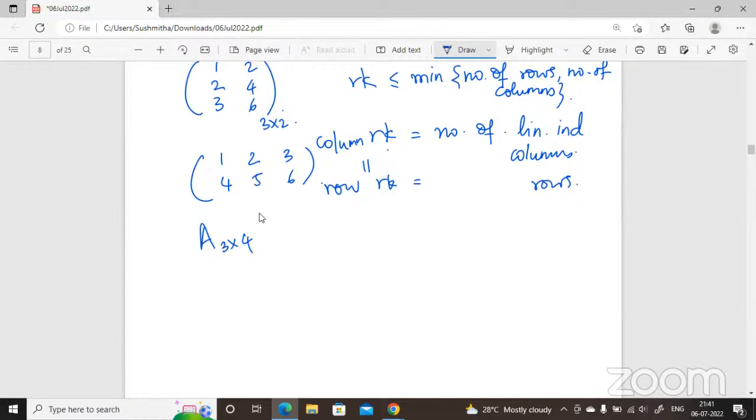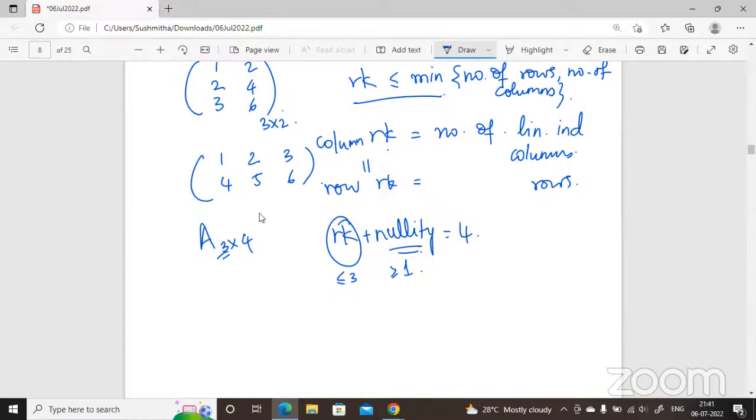Yes, so then it will be 4. Rank plus nullity will be 4, but rank can be at most 3. So the nullity has to be at least 1. So rank is at most the minimum of m and n, can we treat it as that? Yes. Show an example regarding this 3 into 4.